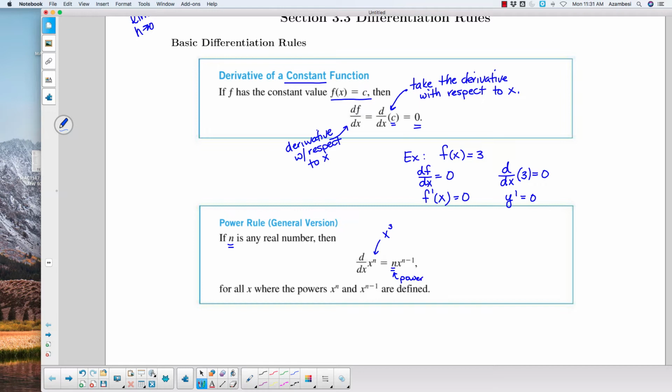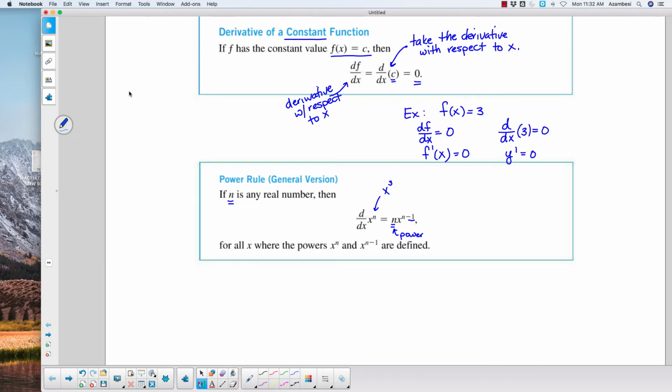It's now a multiple, and we subtract 1 from that power in the power position. The power has to be defined, so you can't have something undefined up there. But we bring the power down and reduce by 1. Sometimes this means that your power ends up fractional or negative, so just be aware of that.